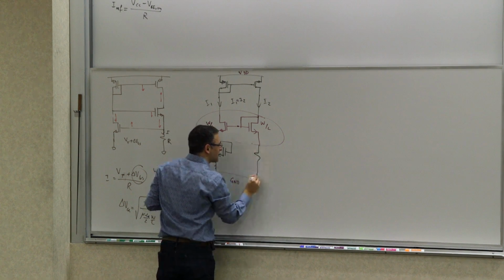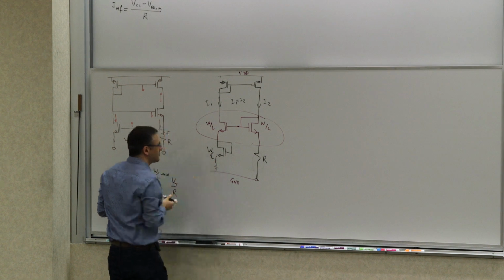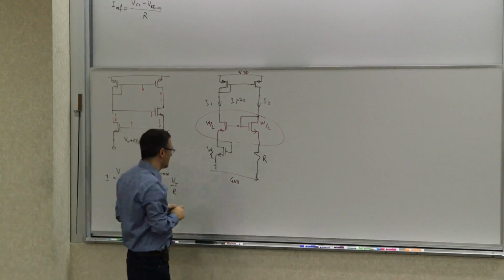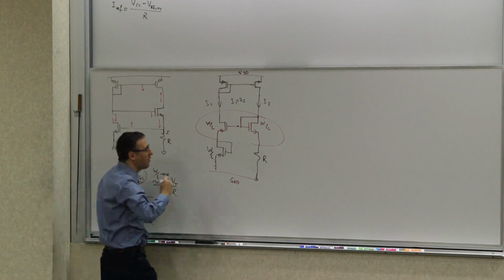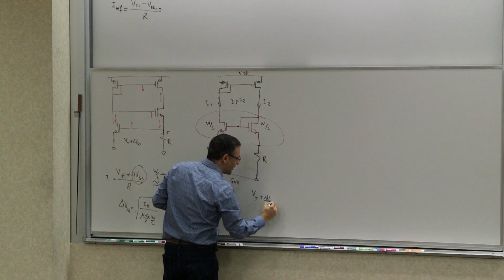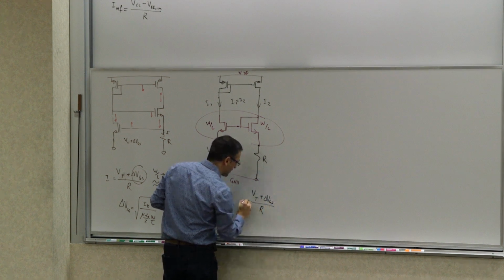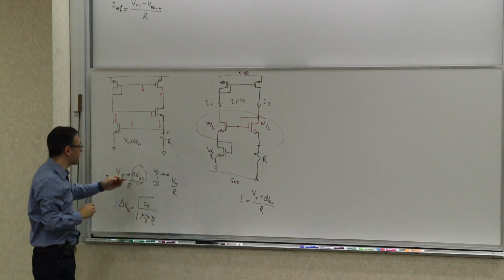And then you want to drop it across a resistor. So if you do just this, what do we get across the resistor? Well, we get the same expression, because now the voltage here is Vt plus delta VGS divided by R, which would define the current. So we achieve the same thing.